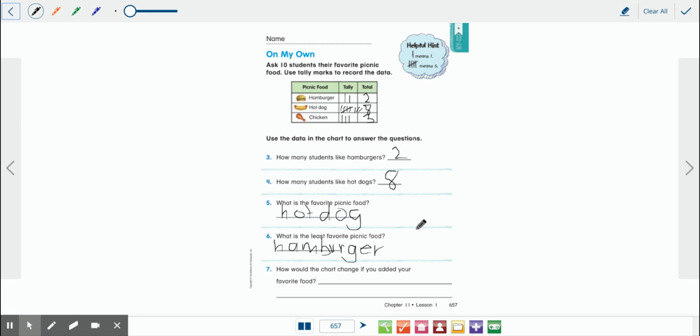So the number of votes for each food could change. I'm going to write the number of votes could change, but I mean the number of votes for each food.